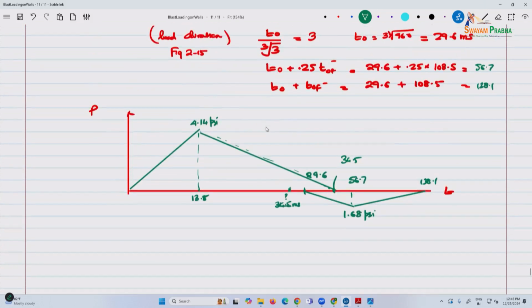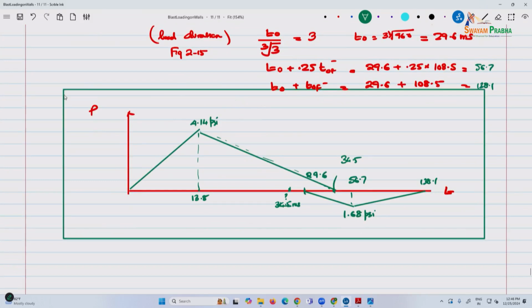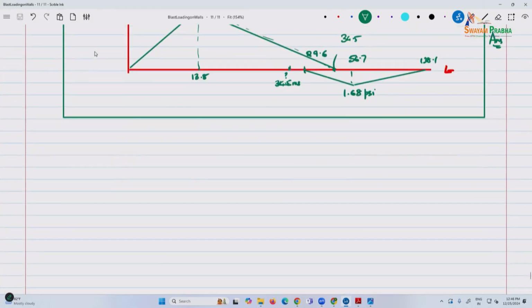So this is your... So the next little bit is what I'd call bonus, just comparisons with the equations.